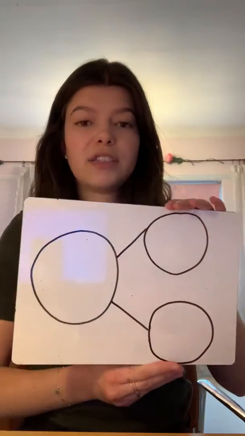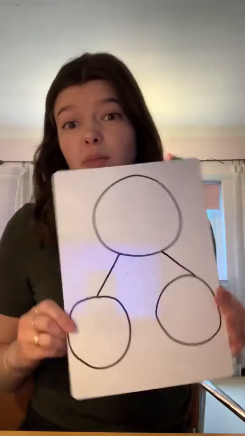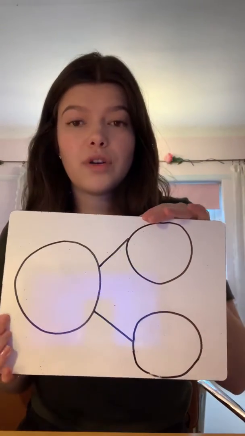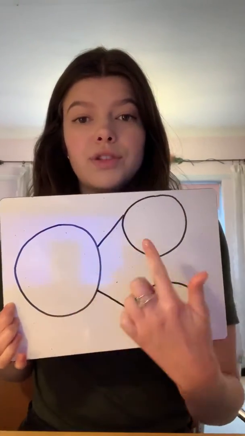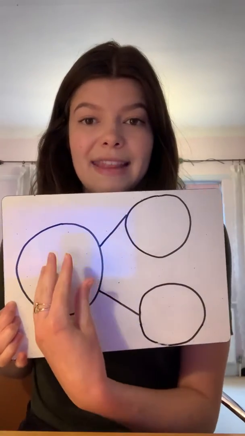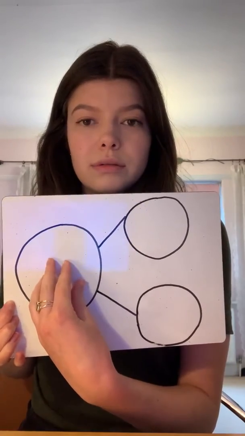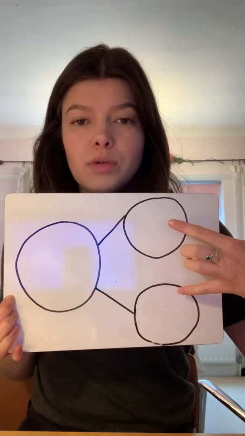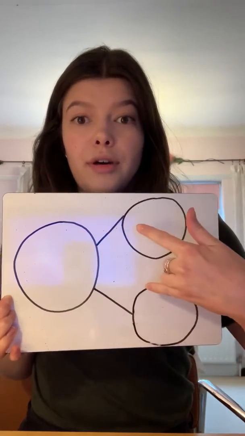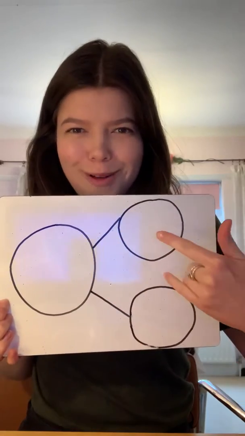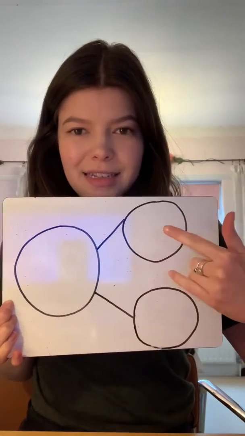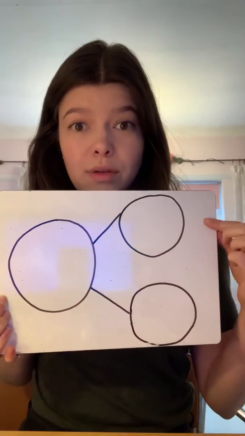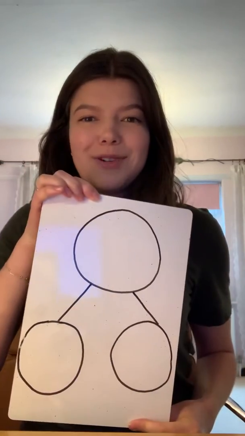I like to do it this way, but you might like to do it that way. As long as you've got 1, 2, 3 circles, and then this is the whole, and these are the parts, okay. Now, the parts are next to each other. It's important that the parts come from the whole, okay? As long as you've got that, so the whole and the parts coming through the whole, then it doesn't matter which way around it is, okay?